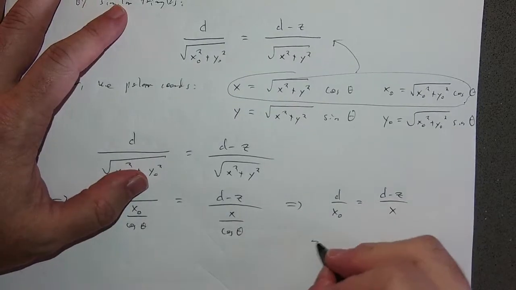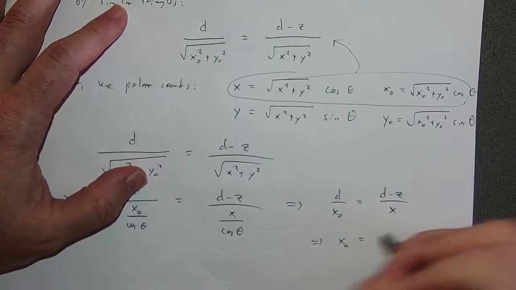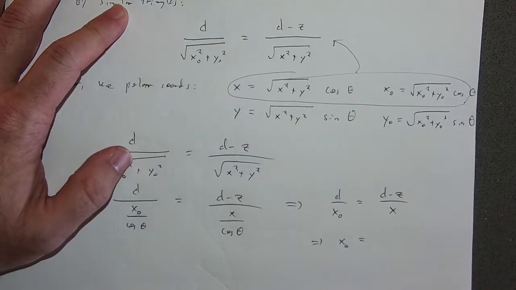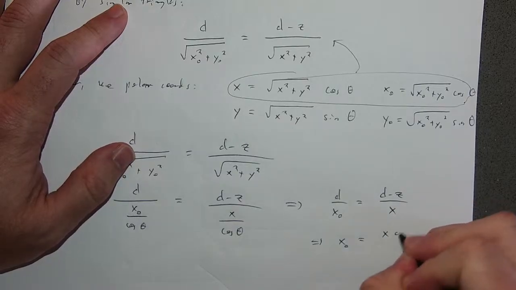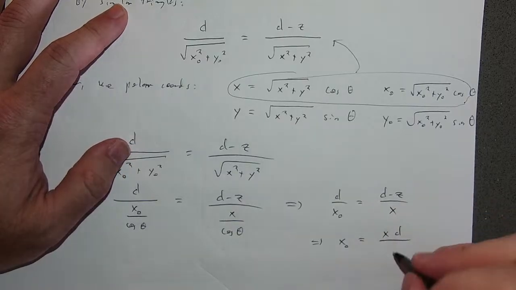Which gives me x naught is equal to, and clearing denominators here, so flipping this, this is x times d over d minus z.